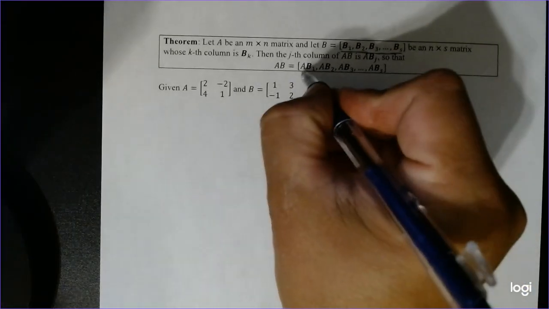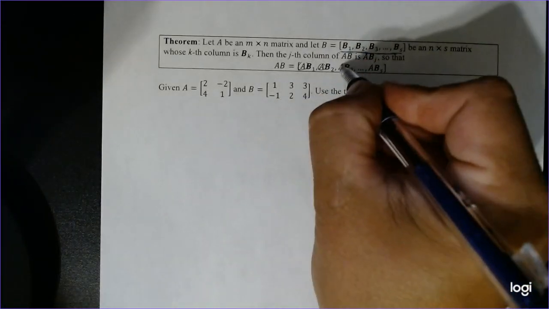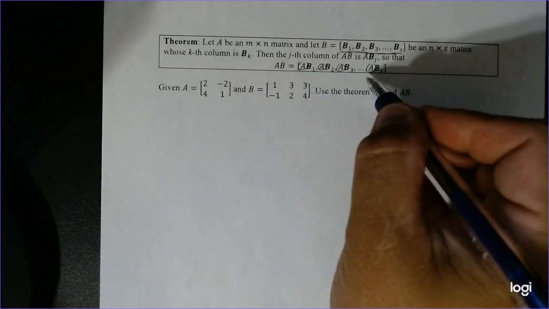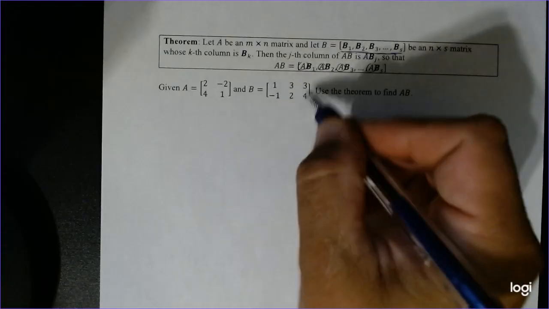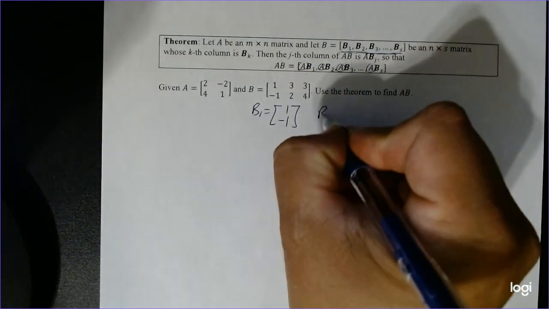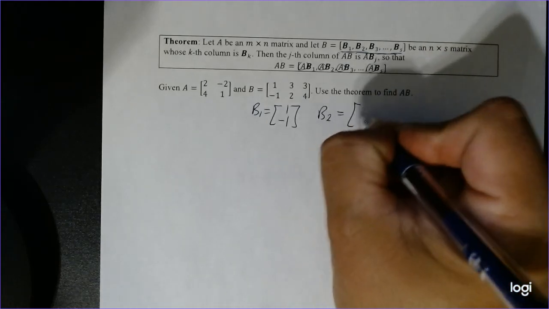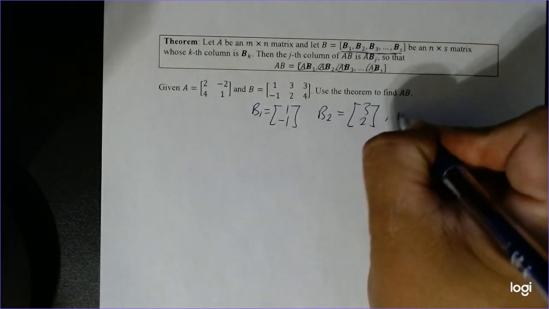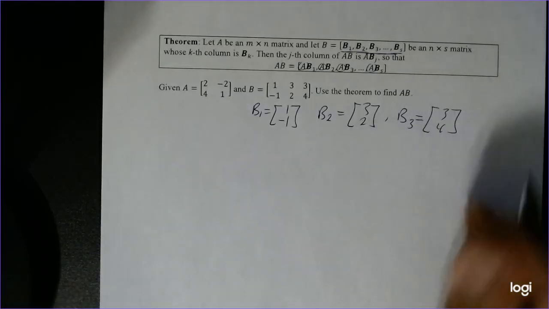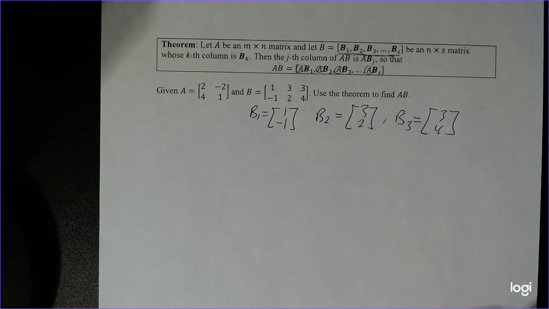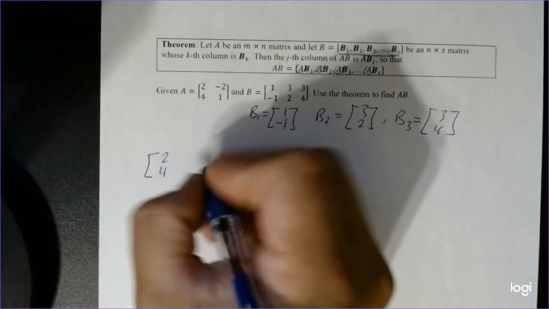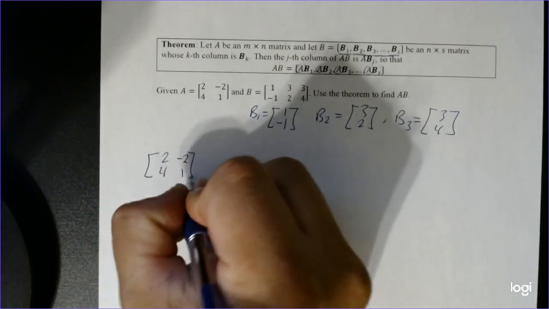Notice this is always going to be A no matter what, so we're always using matrix A, and we're going to use the individual B1, B2, B3 portions for the B term. B1 is 1, negative 1, B2 is 3, 2, and B3 is 3, 4. So this alternative way to multiply matrices looks like this: A, which is 2, 4, negative 2, 1, times B1.